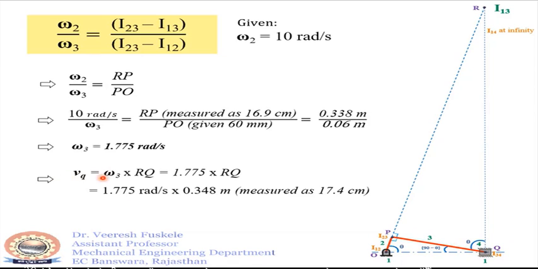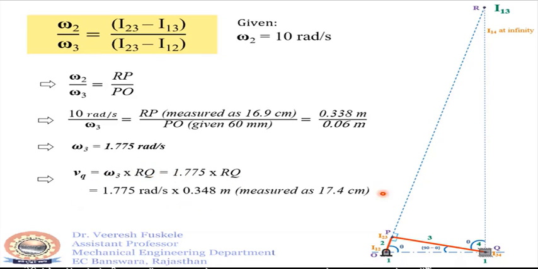So VQ will be equal to omega 3 into the distance of this point Q from the center of rotation of this link. Link 3 is rotating as a whole about the point I13 or point R. So the distance between Q and R will be RQ. So this is omega 3 into RQ.